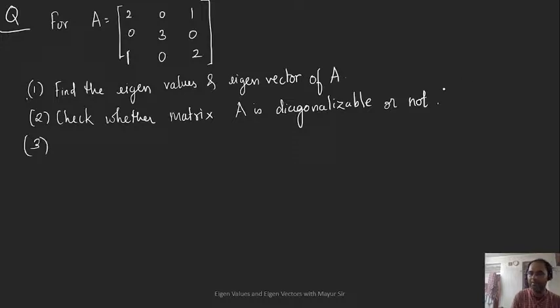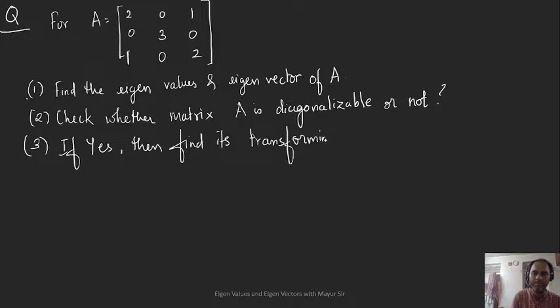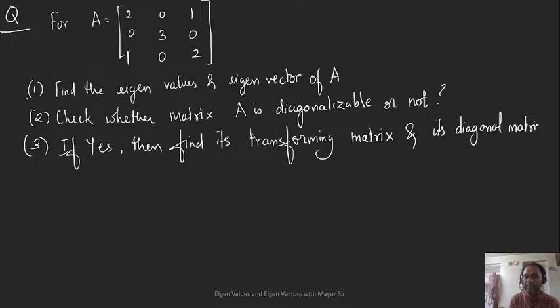And the third question: if yes, then find its transforming matrix and its diagonal matrix and its diagonal form. This is what we have to do.